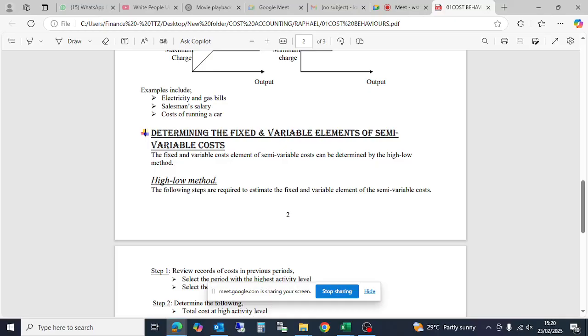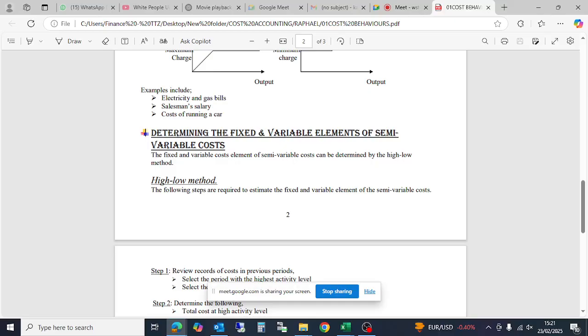They can say producing one desk is 16 kwacha in terms of materials. But when you calculate, you notice it's not really the same. This month it's 16 kwacha, the other month it's 17, the other month 18 kwacha. What this means is that there is a fixed cost and a variable cost. So that makes it a semi-variable.